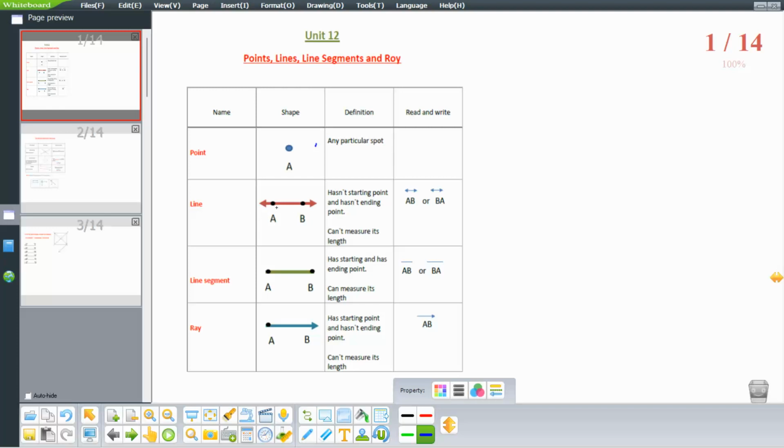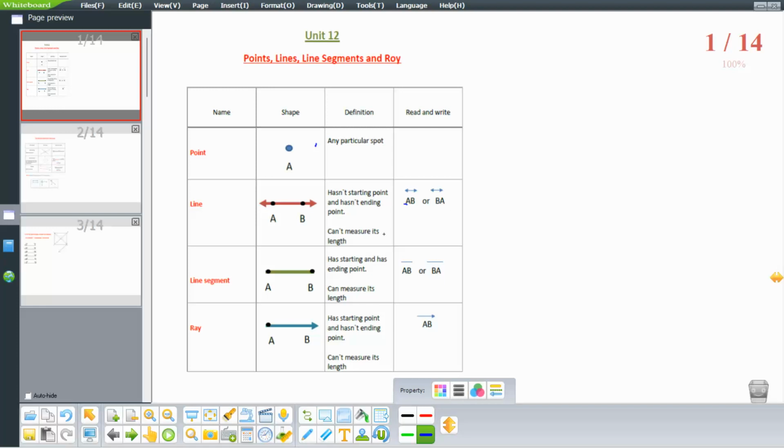It hasn't a starting point or an ending point, and we can't measure it. We can't find the measure of the line because we don't have a starting or ending point. And we can read it in two ways, like line AB or line BA.